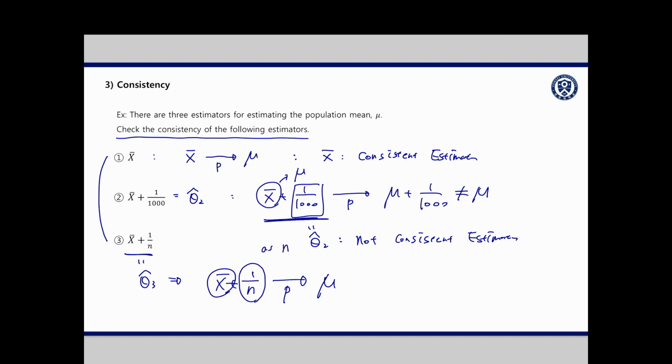As the sample size goes to infinity, this term goes to 0, so it equals mu. So theta hat 3 is also a consistent estimator.